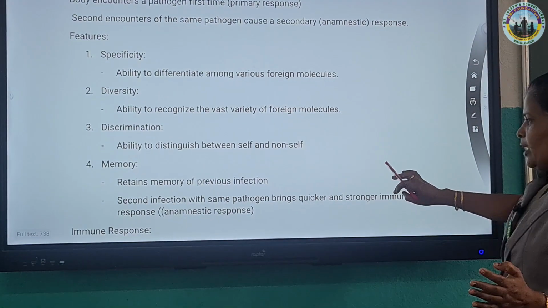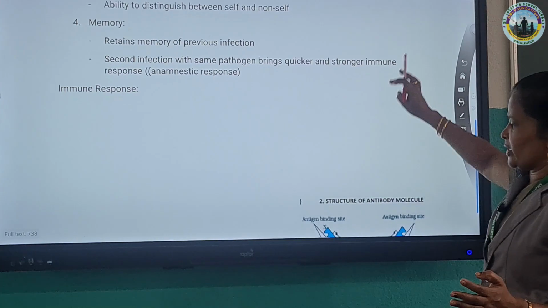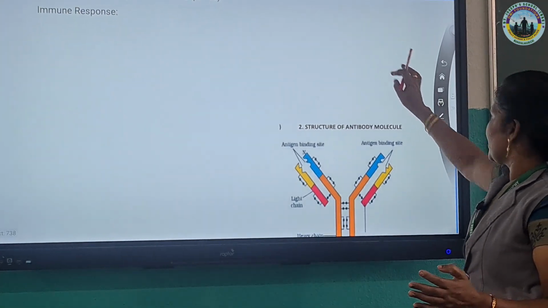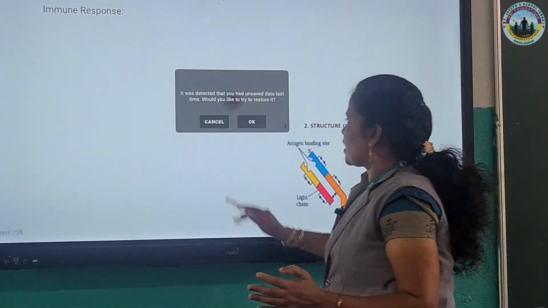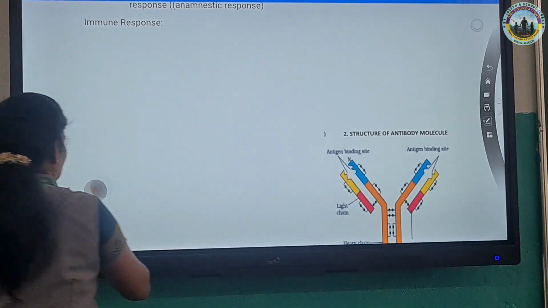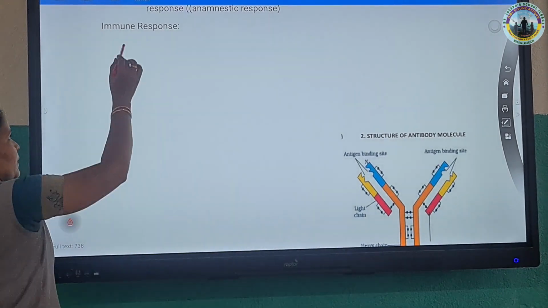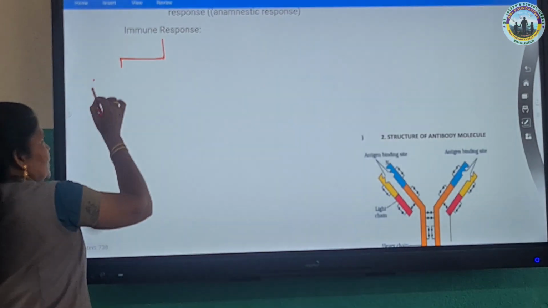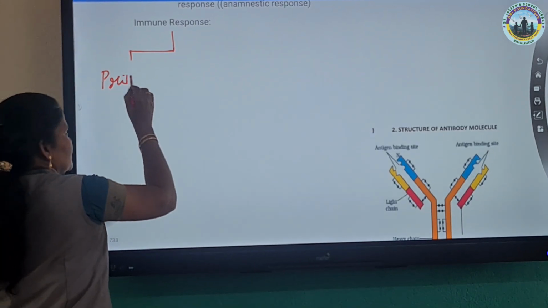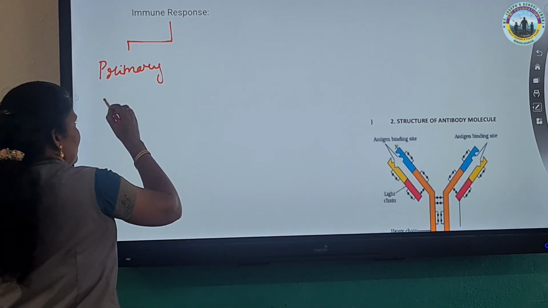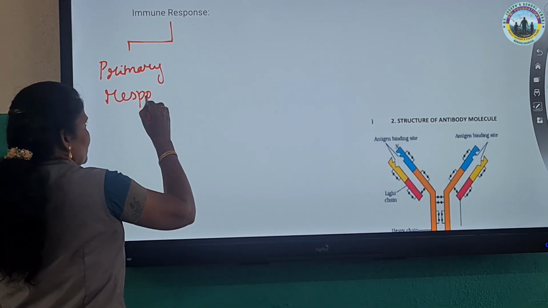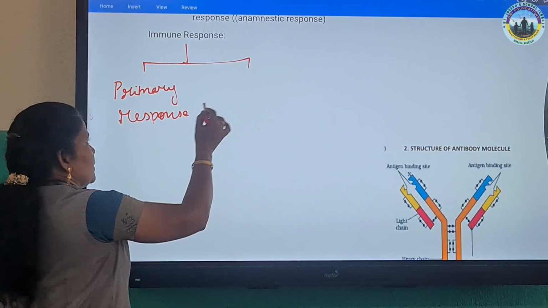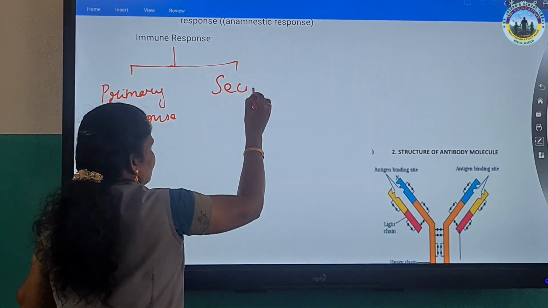Now we can study the immune response. Children, we studied that there are two types of immune responses. What are they? Can you say the answer? Primary response and secondary response.